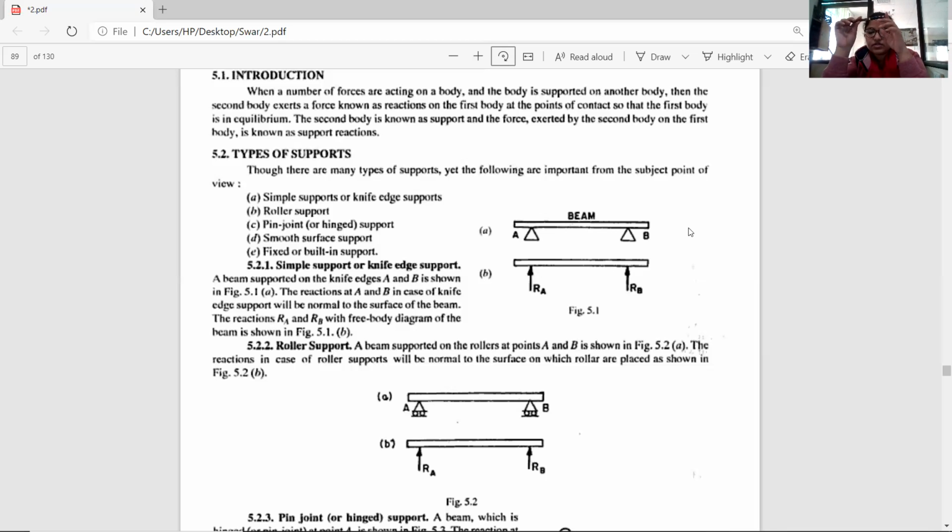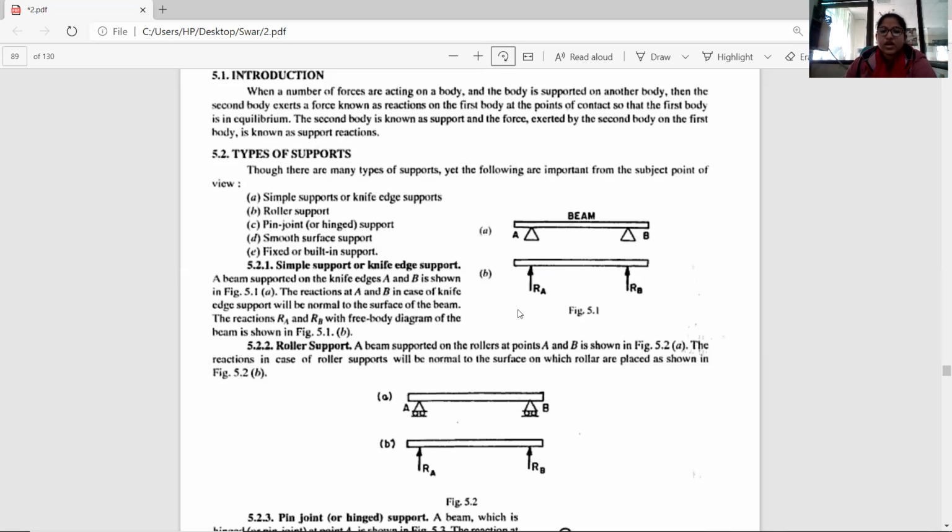Wherever there are columns, there is also a beam. My beam is supported on this column, so the column is like a support for this beam. A simple supported beam is simply like this, which we further draw in the free body diagram, with reactions RA and RB.